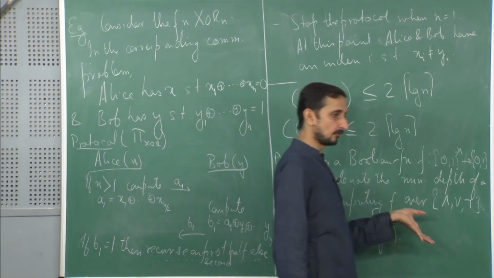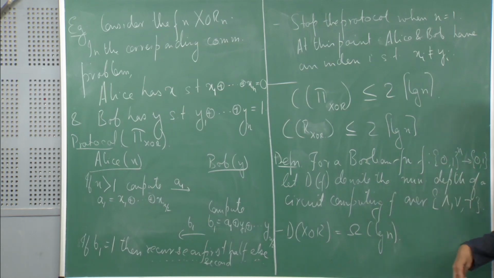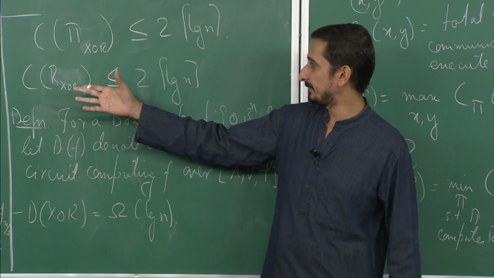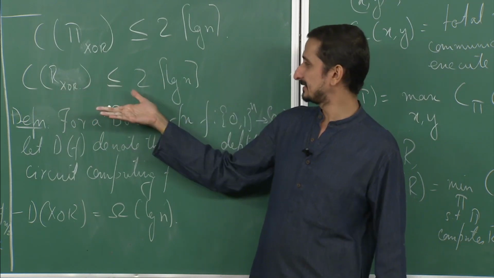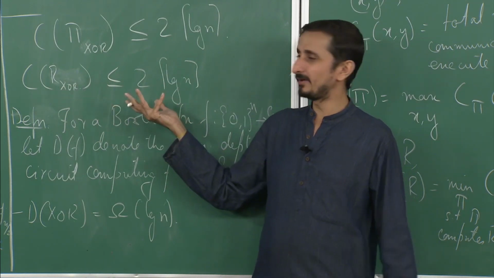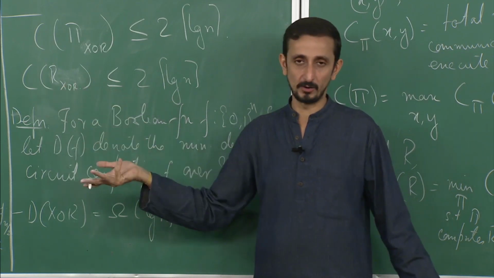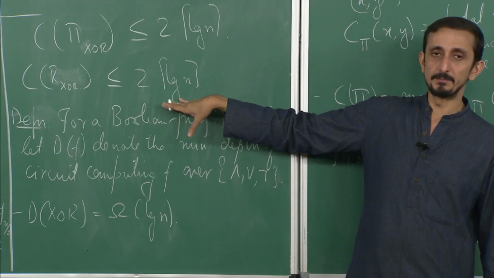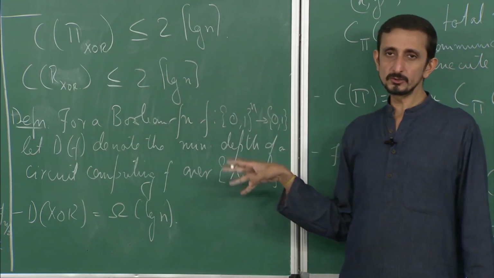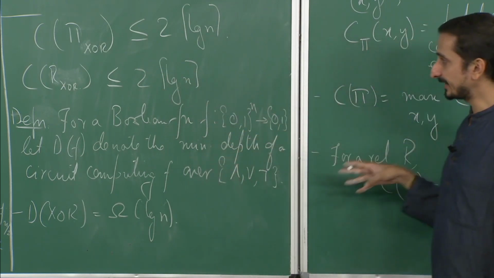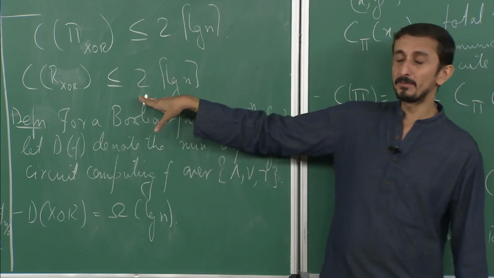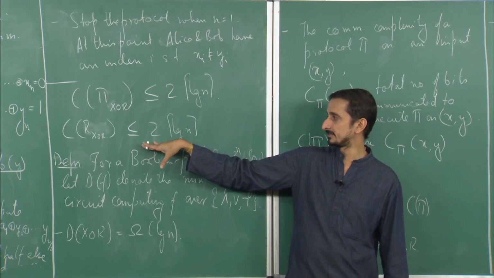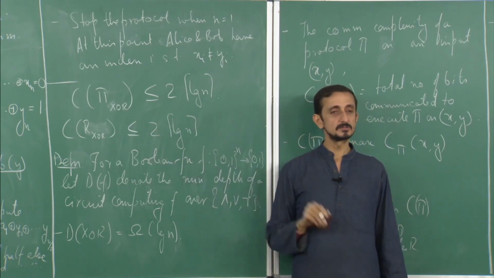This says it is at most log n, but it can be even smaller than log n. We still don't know whether this is a tight upper bound or not. What we will show next in the remaining part of this lecture is that this upper bound is actually tight. You cannot have a communication complexity protocol which is smaller than log n.